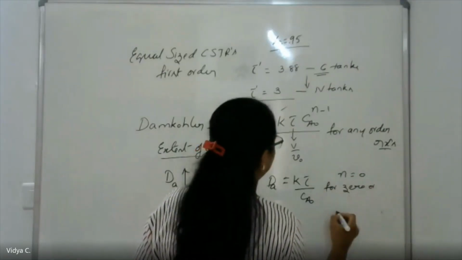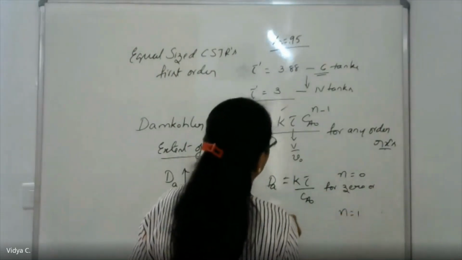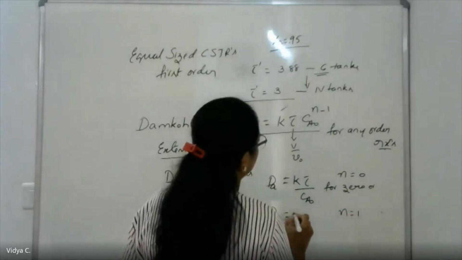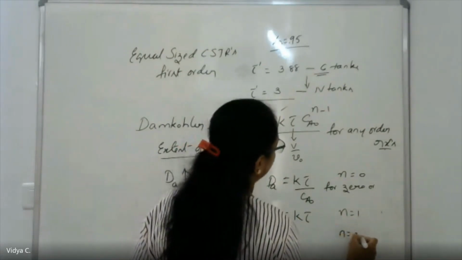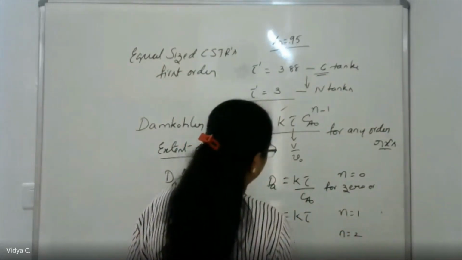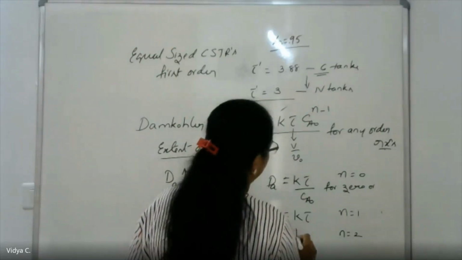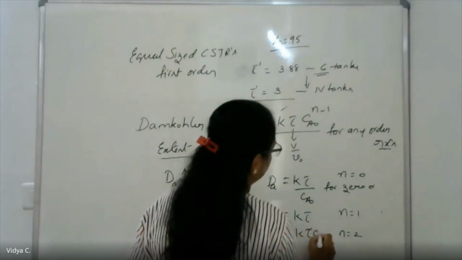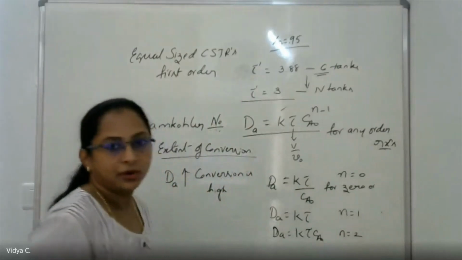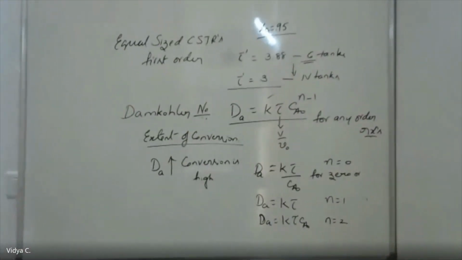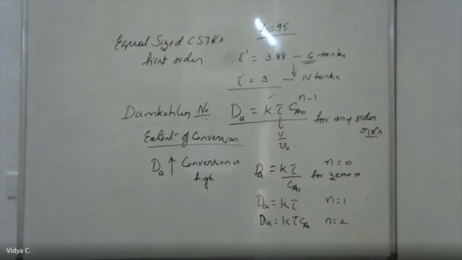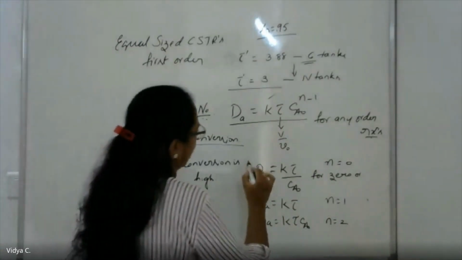If n is equal to 1, the Damkohler number is K tau for a first order reaction. If n is equal to 2, Da will be K tau Ca0 for a second order reaction.